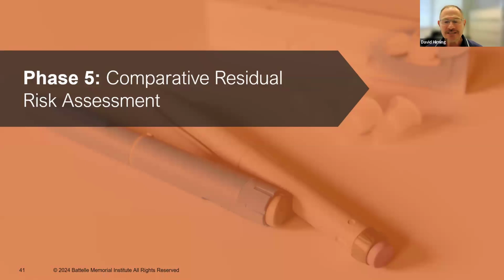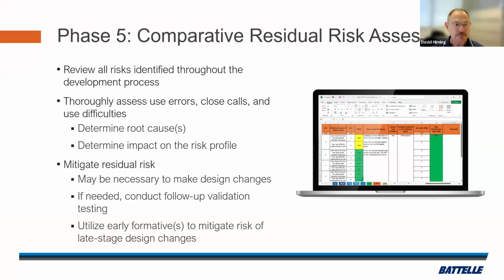So phase 5 includes reviewing all usability tasks, all usability risks identified throughout the product development process, and ensuring they are updated in the CURA, specifically those that were identified during validation testing. So what we would look at is it's important to thoroughly analyze all validation use issues for root cause and the overall impact that they may have on the risk profile.